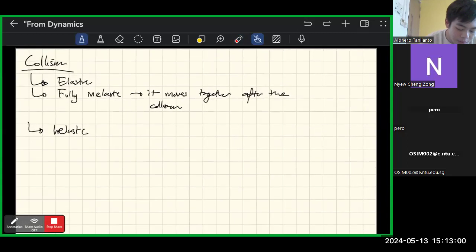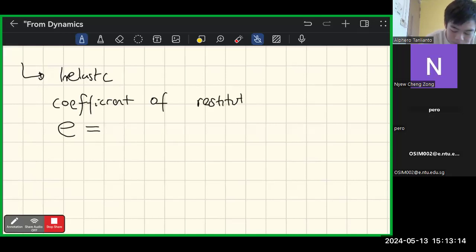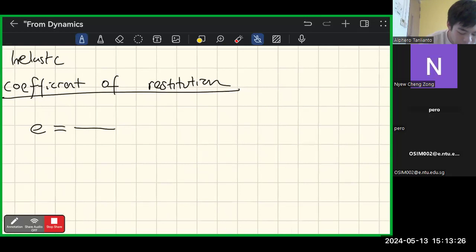So you have to understand there is this thing called the coefficient of restitution, E. I don't know whether you got this from high school physics, but it's the relative velocity after divided by the relative velocity before.